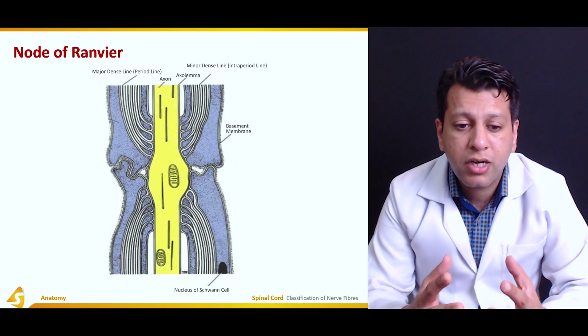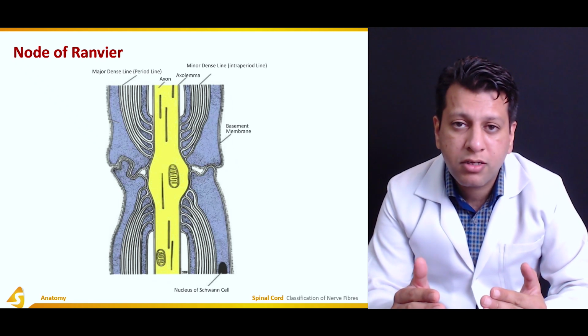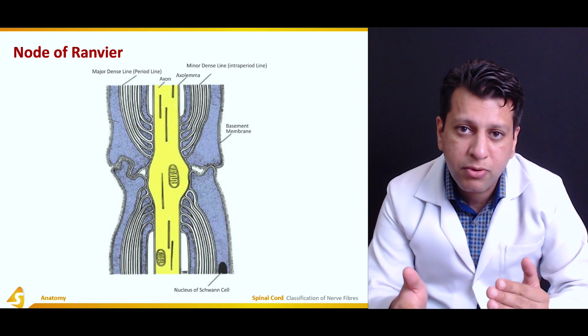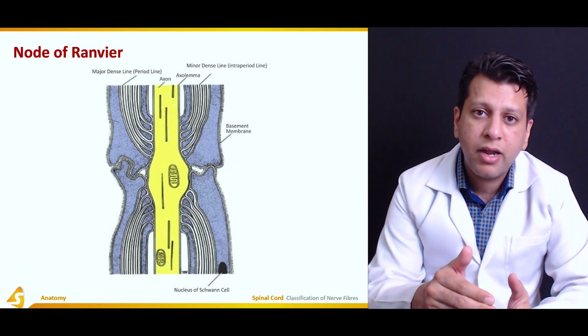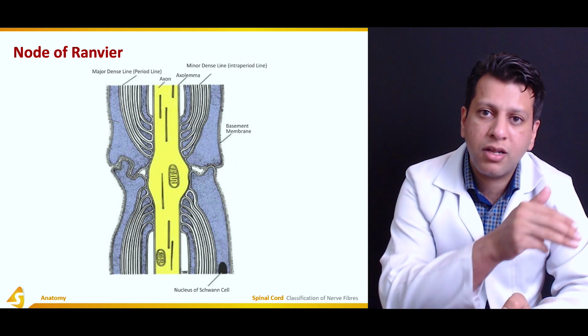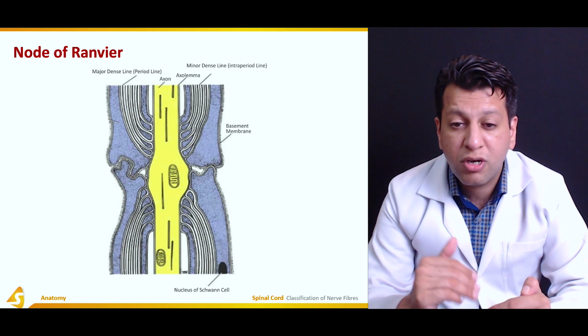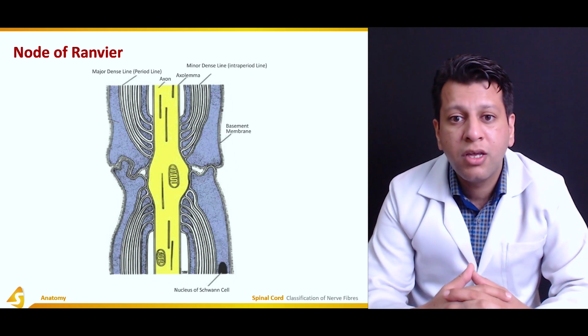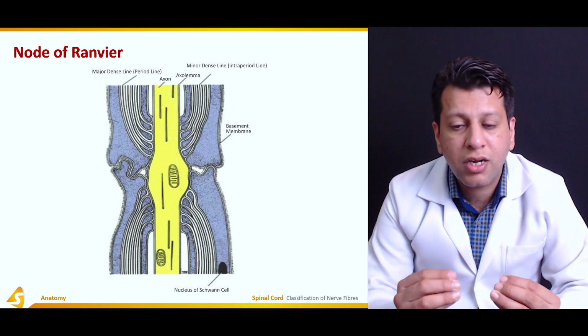When we say saltatory, it means that nerve impulses do not travel along a straight line. Rather, they jump from one node of Ranvier to another, then to another. This jumping of nerve impulses from one node to another is called saltatory conduction.